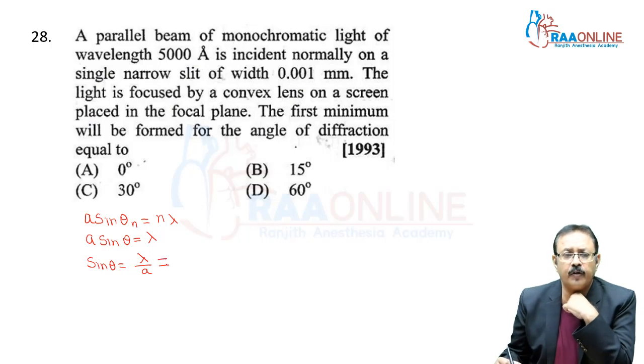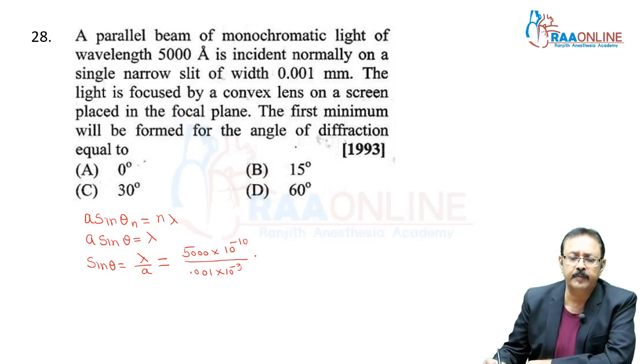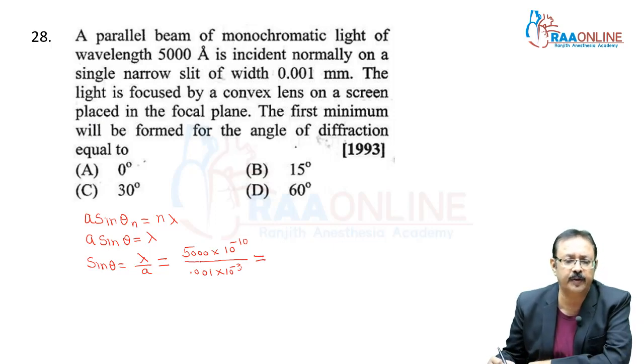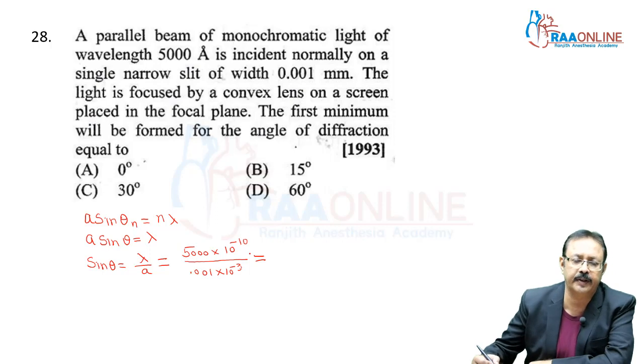We have the value of lambda, 5000 angstrom. Angstrom means 10 to the power minus 10 meter. The slit width is 0.001 millimeter, which means 10 to the power minus 6 meter. Same units cancel, sin theta has no unit.